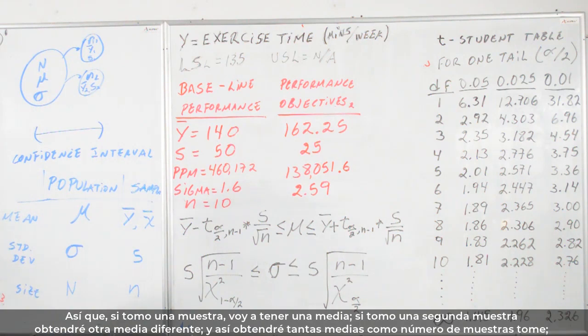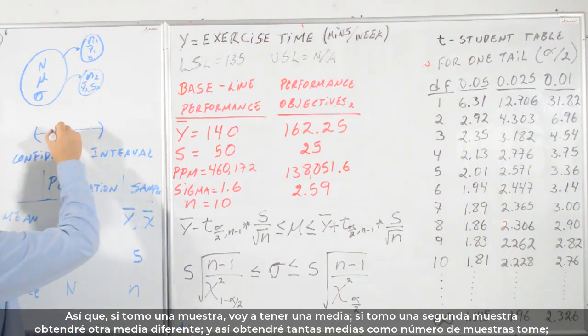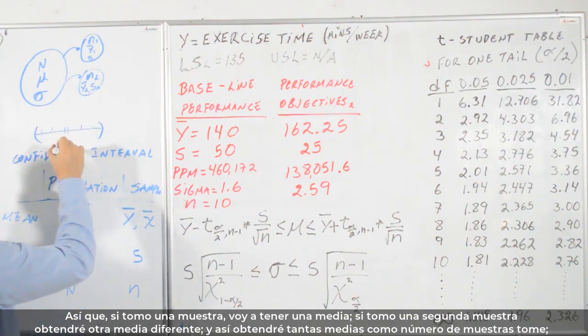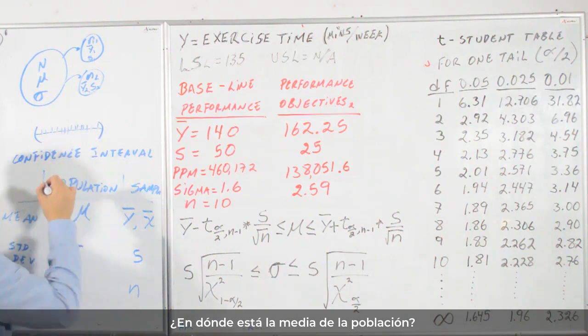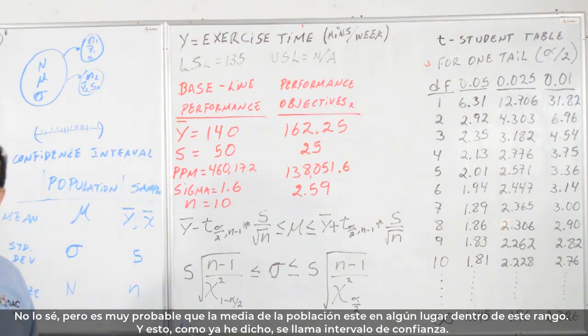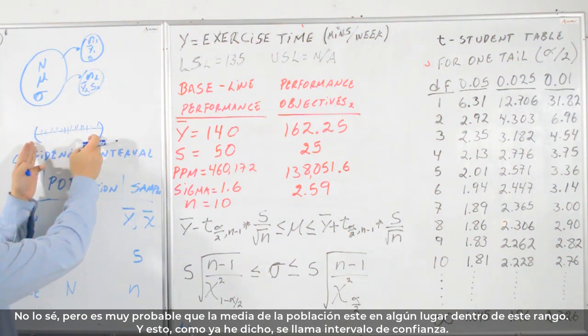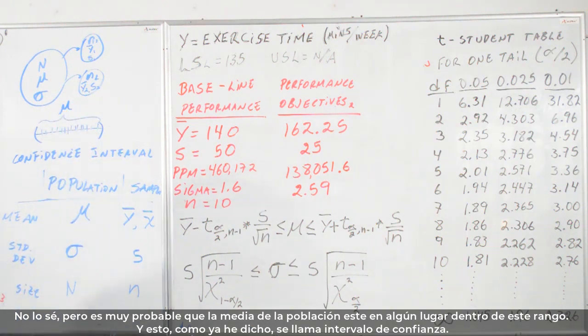So if I take a sample, maybe the mean is going to be here. I take a second sample, the mean is here. A third sample, the mean is here. A fourth sample, the mean is here. A fifth sample is here, etc. So where is the mean of the population? I don't know. But it's very likely that the mean of the population is somewhere within this range. And again, we call that the confidence interval.